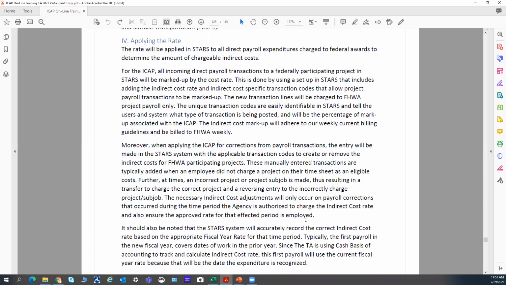And so they talk about all that here, and the necessary adjustments that would have to occur for payroll corrections. I think they have that right here. Yeah, for payroll corrections that occurred during the time period, and so on and so forth.